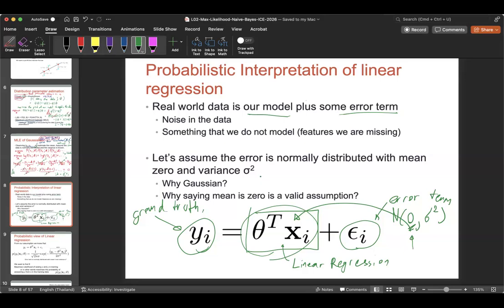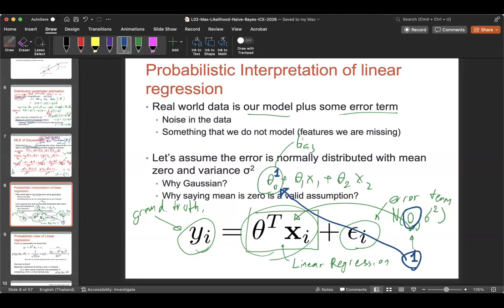And usually our model is theta 0 plus theta 1 x1 plus theta 2 x2, so you have what we call the bias term. If you have a mean of 1 here, you can just put this mean into the bias term and make the error mean 0.